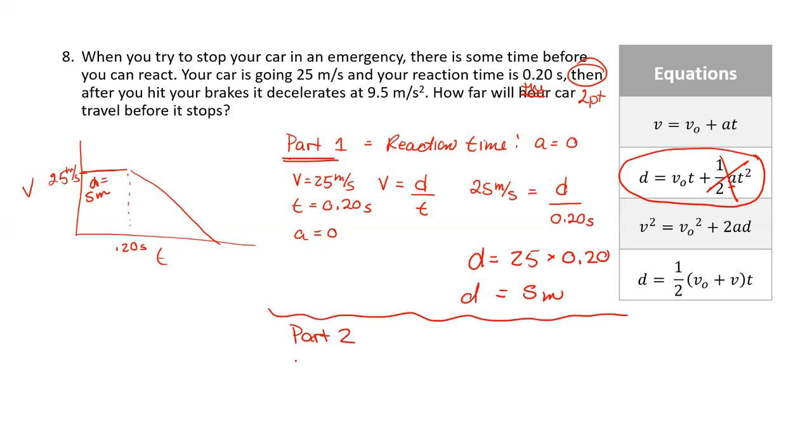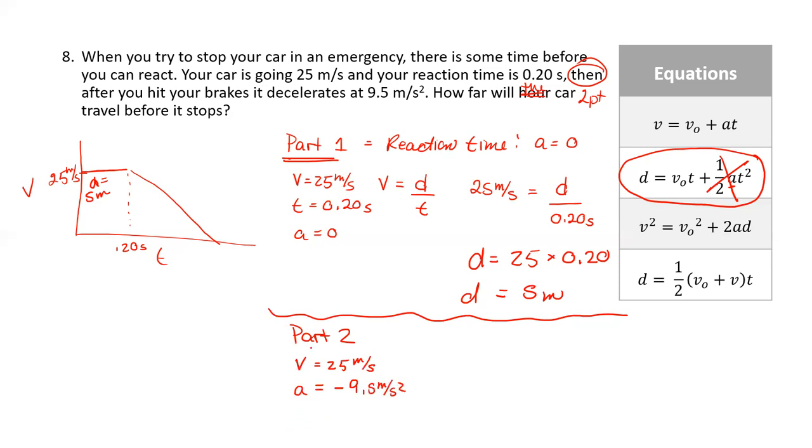Well, we know initially our velocity started out, it's still 25 because my foot hasn't come off, it's just touching the brake. We don't know how long it takes to actually slow down. But we do know we accelerate, or decelerate, at negative, because we're slowing down, 9.5 meters per second squared.